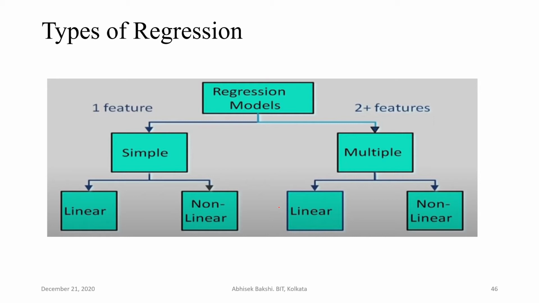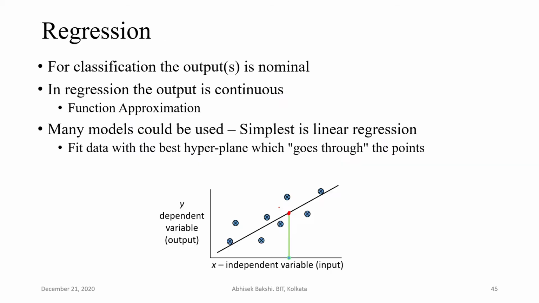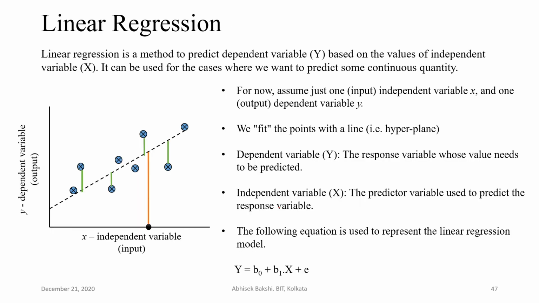One is linear regression, another is non-linear regression. Non-linear regression is nothing but putting a non-linear curve on a set of data, because all the things that we are actually considering are linear regression. For example, something like this. So all the things that we have just discussed are linear regression.